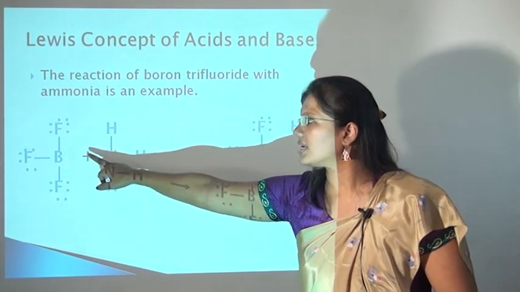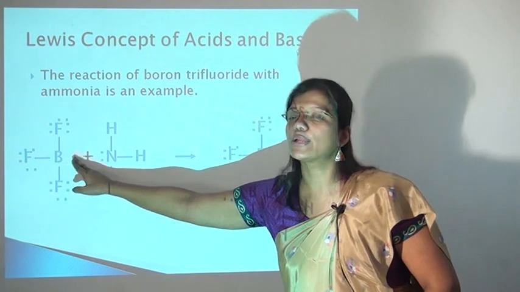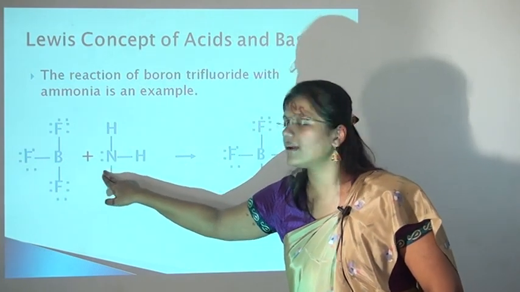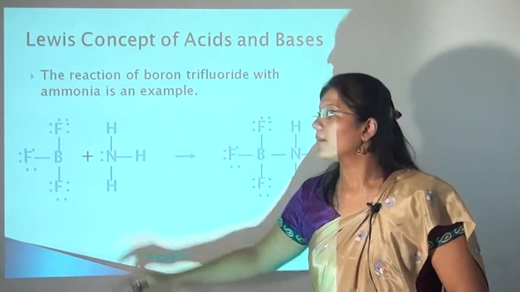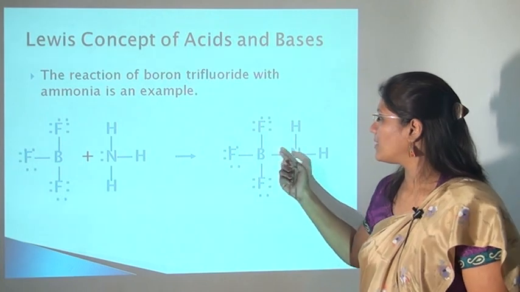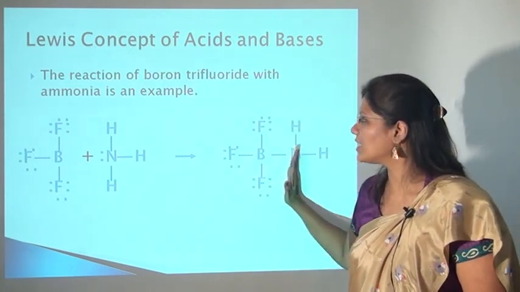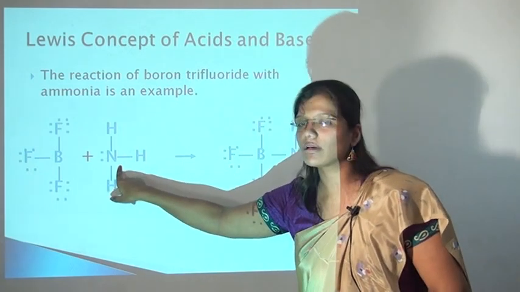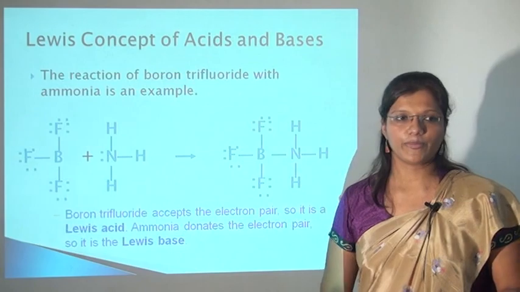Here you can see that BF3 has fewer electrons while NH3 has more electrons, so NH3 gives them to BF3. So the whole complex forms, and finally you get this one. Here NH3 becomes the base because it donates, and BF3 becomes the acid as it accepts.